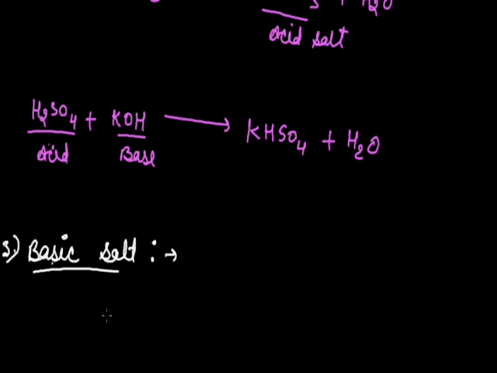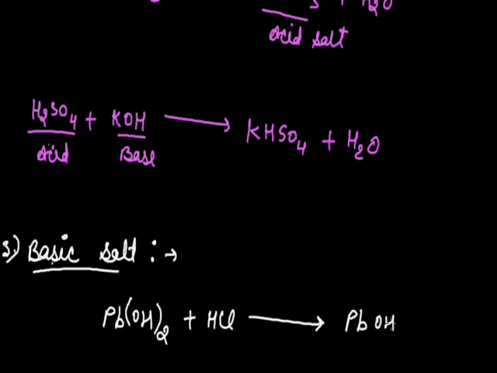So suppose we have lead hydroxide, and the formula of lead hydroxide is Pb(OH)2. When it reacts with HCl, it will form Pb(OH)Cl plus H2O. And the name of Pb(OH)Cl is basic lead chloride, that is basic salt.